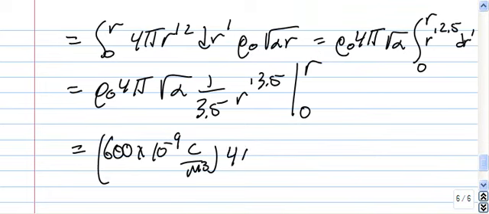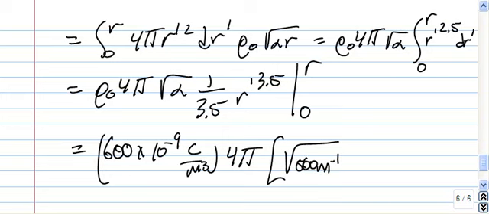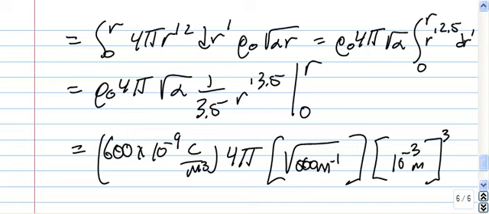Then it was a pi, and then a square root of 500 inverse meters. And then this is going to be multiplied times r. Now I want to work in consistent units, so I'm going to use 10 to the minus 3 meters for 1 millimeter radius to the 3.5 power.